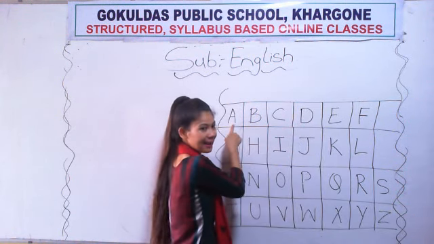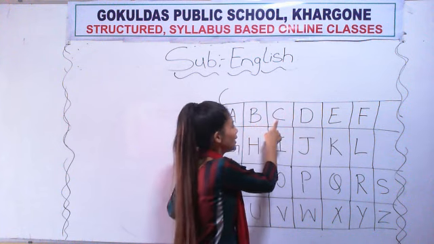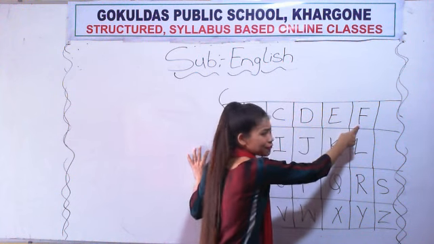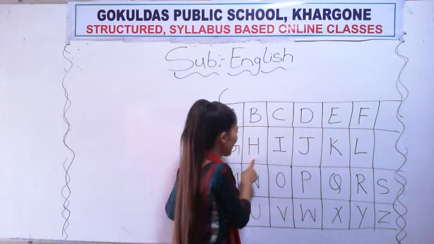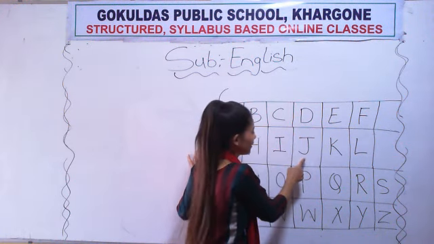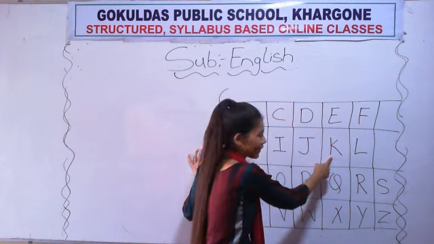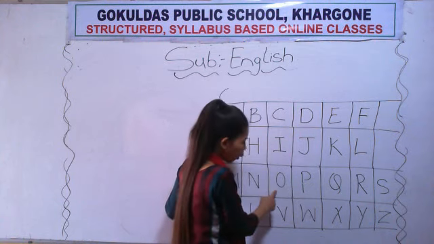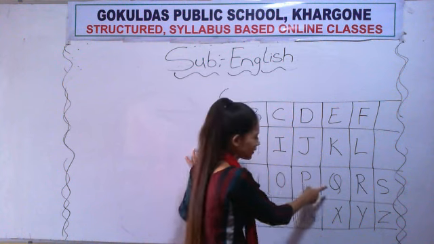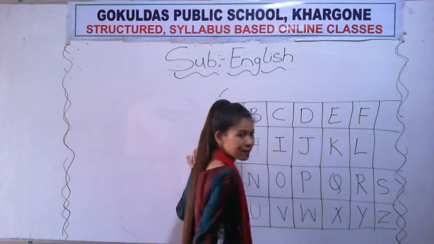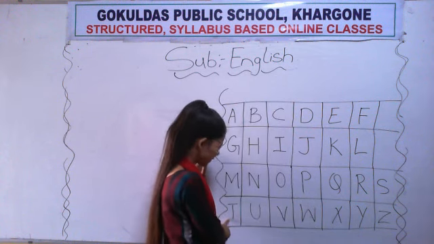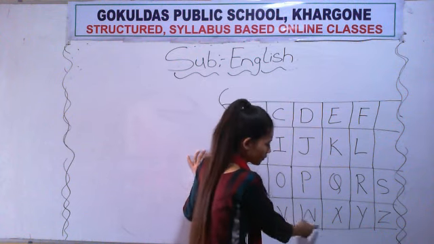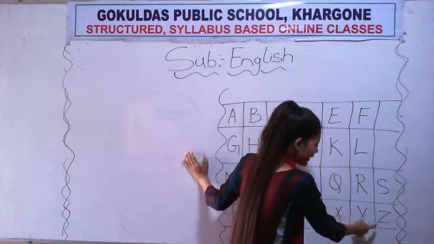Say A, B, C, D, E, F, G, H, I, J, K, L, M, N, O, P, Q, R, S, T, U, V, W, X, Y, Z.